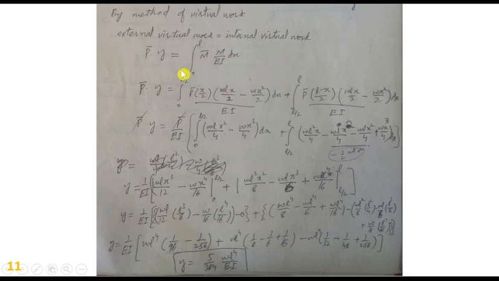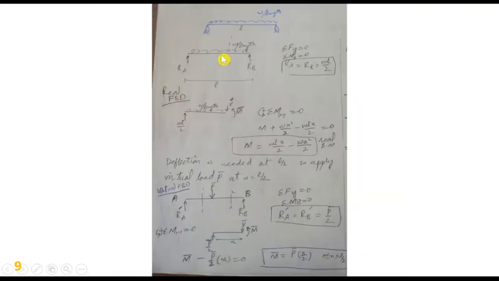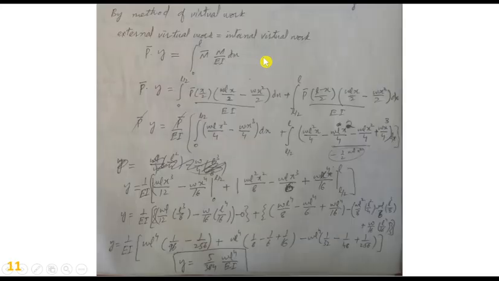So for 0 to L by 2, instead of M bar this is written, and what is the value of M, that is real. Now M real is the same for the entire beam, so write the value of that into M bar, that is for section 2, divided by EI. So EI is constant, and can be taken out of the integral.